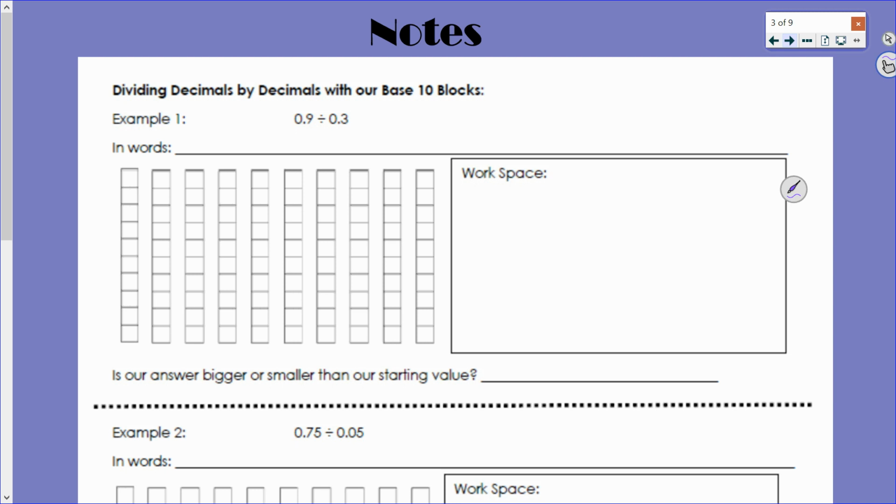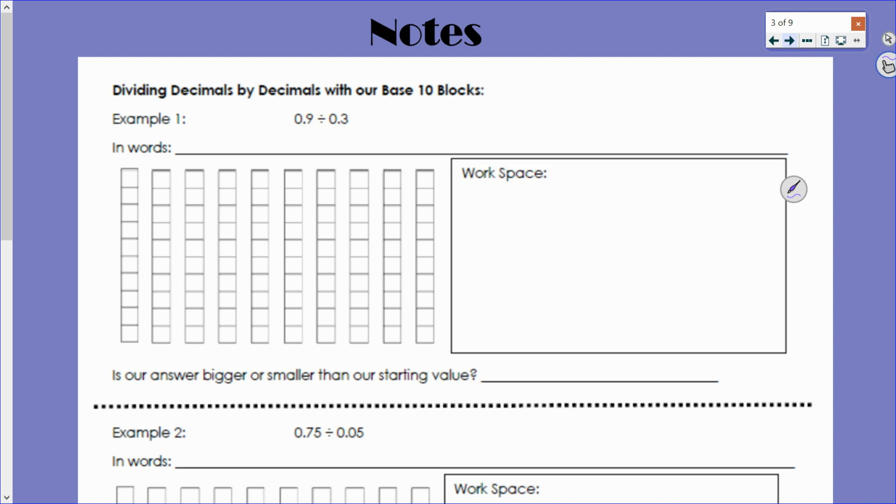Okay, so we are going to be dividing decimals by decimals. Guys, I need to reel it in. As you guys would like to say, this problem is 0.9 divided by 0.3. Well, let's actually make this into a mathy term, so we sound like we know what we're talking about.